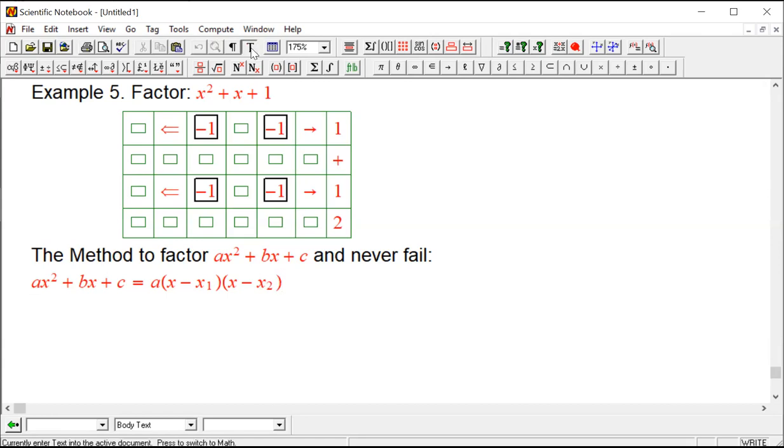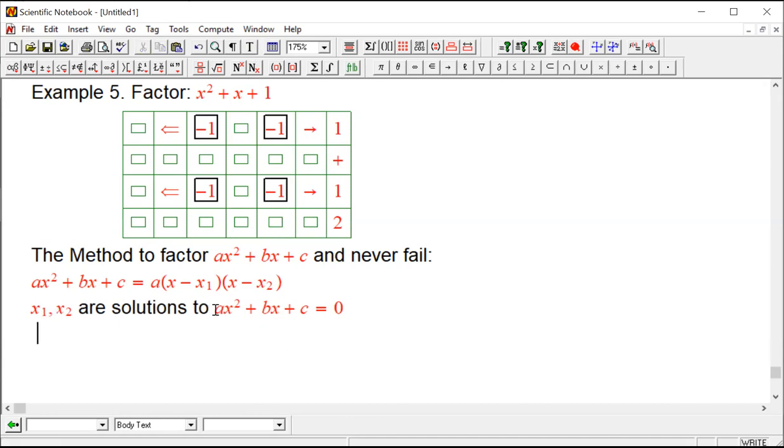And here's the answer. x sub 1 and x sub 2 are solutions to the quadratic equation. So this is the no-fail factor finding technique.